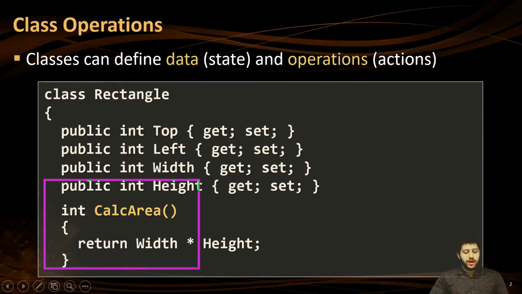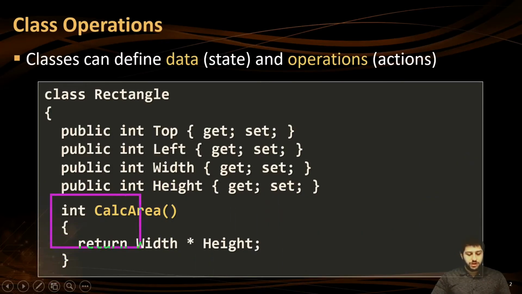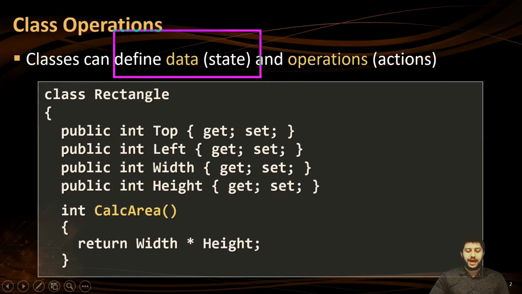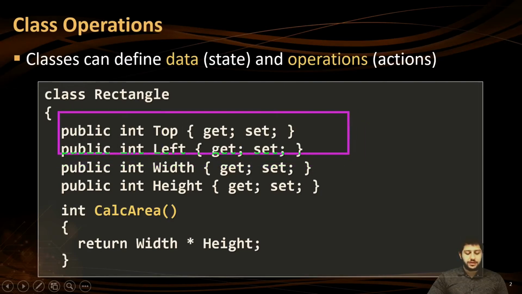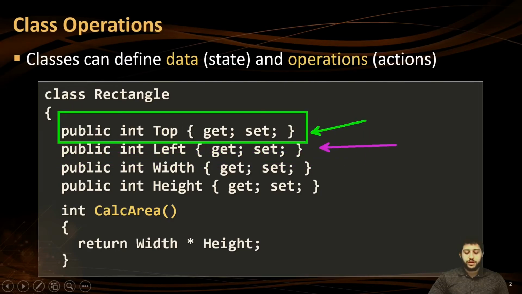This is why we have an operation here, an operation which is non-static. What it does is it takes a particular object from the rectangle class which has already populated data, which has already a defined state. So the object has a defined state, and this state of the object is merely represented by the variables here.